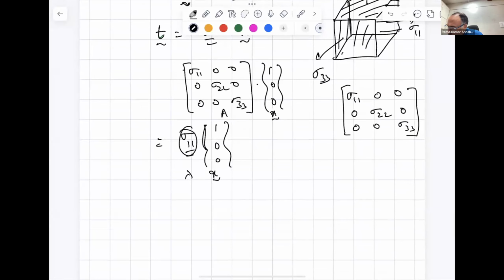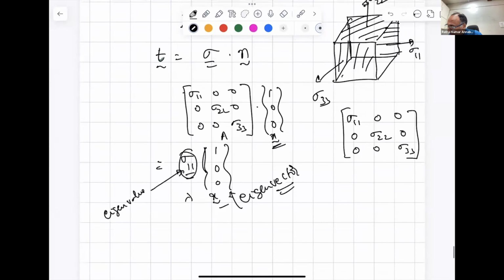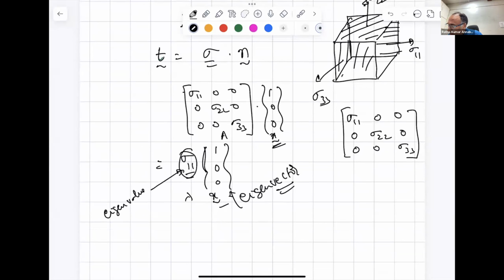So this sigma 11 is my eigenvalue. This x remains the same, that is my eigenvector. That is the reason why sigma 11, sigma 22, sigma 33 are the principal stresses, right?